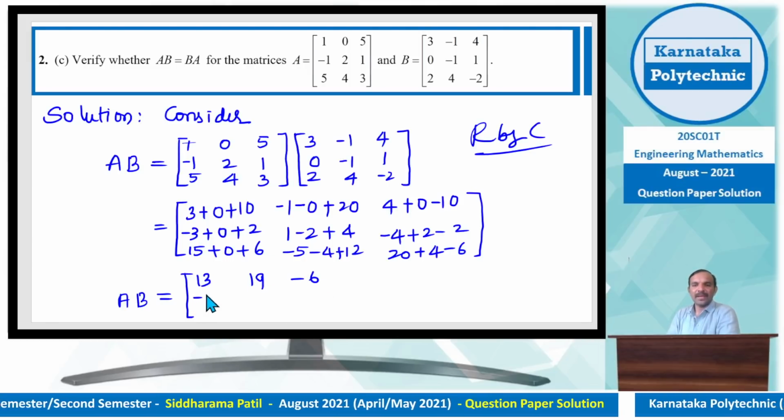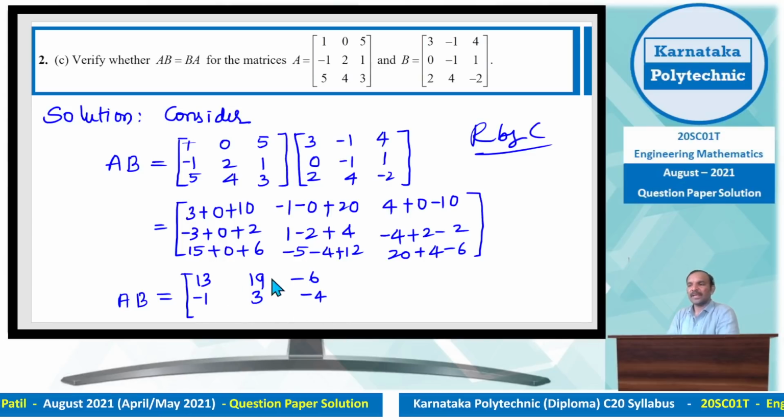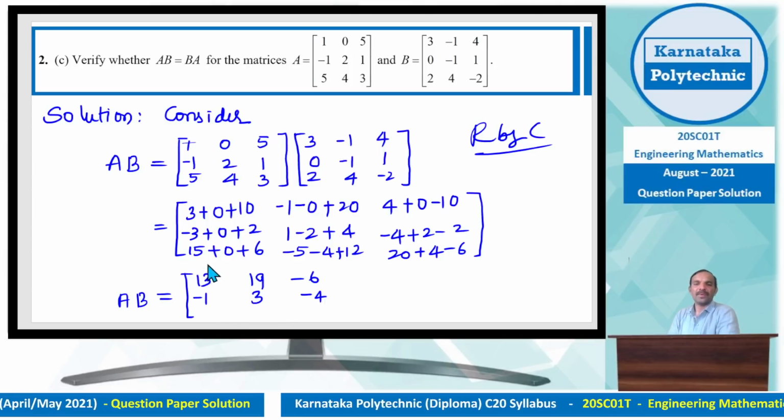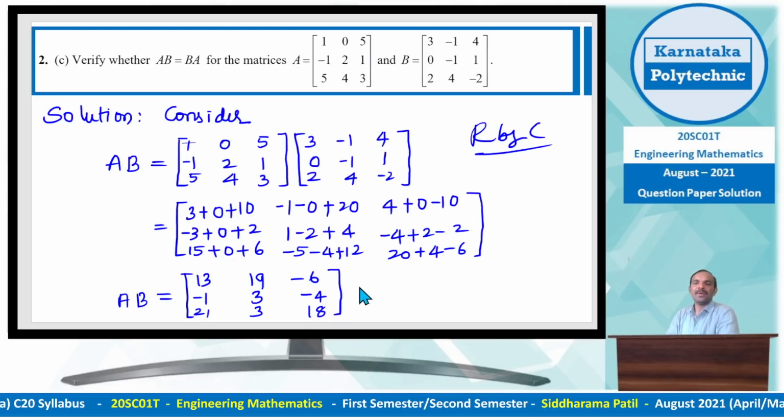This is minus 1; 4 plus 1, 5; 5 minus 2 is 3. Next, 15 plus 6, 21; minus 5 minus 4 is minus 9 plus 12, that is 3; 20 plus 4, 24, minus 6 is 18. Give it as equation number 1.